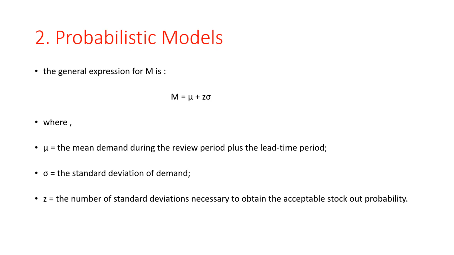So these are the types of probabilistic models. The first is the single period inventory model with probabilistic demand, the second is the order quantity reorder point inventory model with probabilistic demand, and the third is the periodic review model with probabilistic demand.